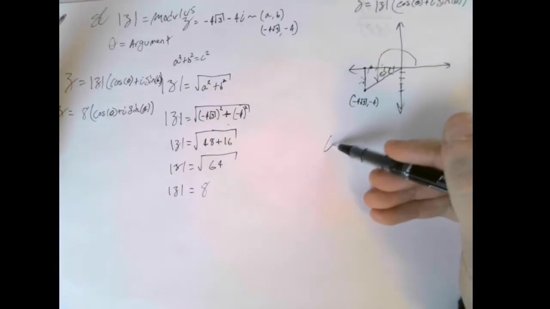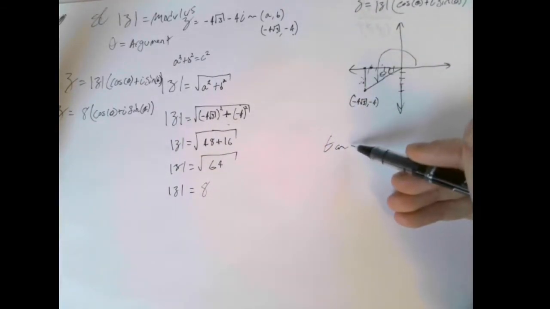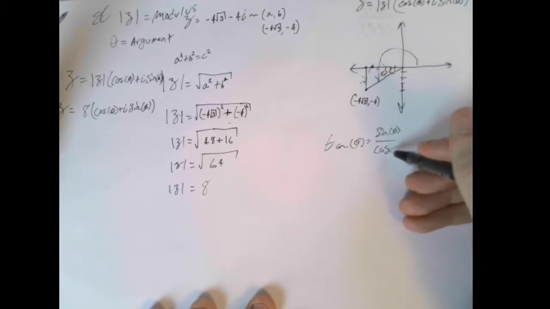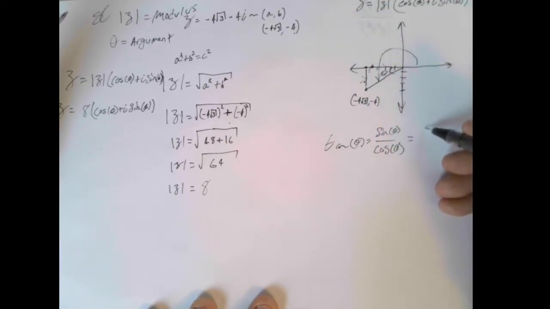So if tangent of theta is sine of theta over cosine of theta, we know that sine of theta, the opposite, is going to be -4 over the hypotenuse, which is going to be 8, over cosine of theta, which is going to be -4 times the square root of 3 over 8.